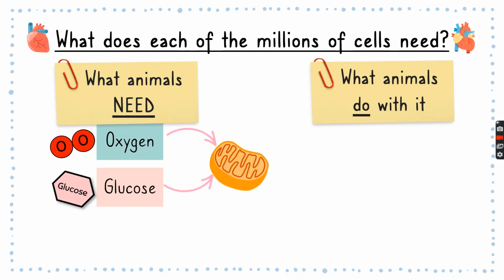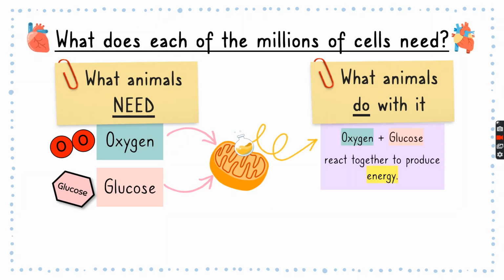Glucose is also going to be used in the mitochondria. So in the mitochondria, oxygen and glucose will react. When they react together, they actually produce energy. And that process is what we call cellular respiration.